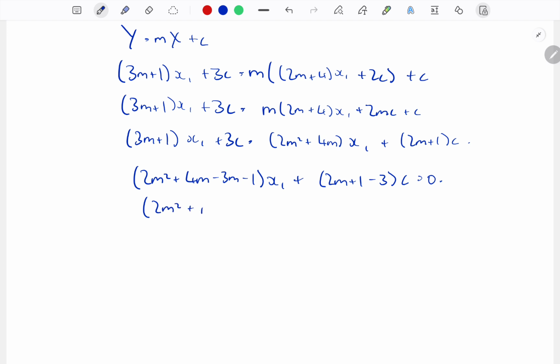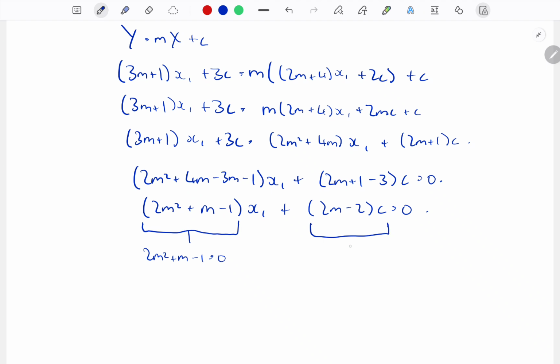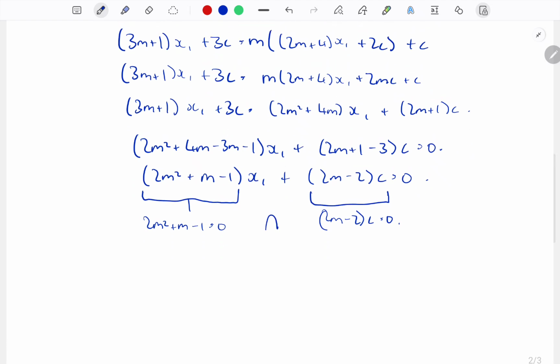So (2m squared add m take away 1) x1 add (2m take away 2)c is equal to 0. x1 cannot be equal to 0, so we need to have both 2m squared add m take away 1 equals 0 and (2m take away 2)c equals 0. So we need both of these to be the case.